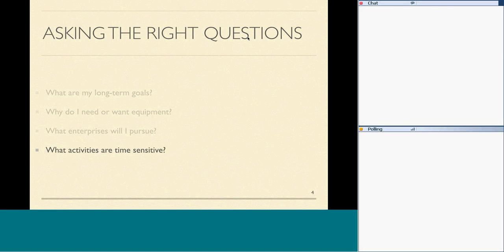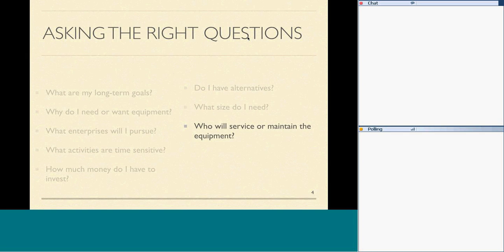What activities are time sensitive? How much money do I have to invest? Do I have alternatives? What size equipment do I need? Who will service or maintain my equipment? We're going to discuss all these points along with who will use the equipment.